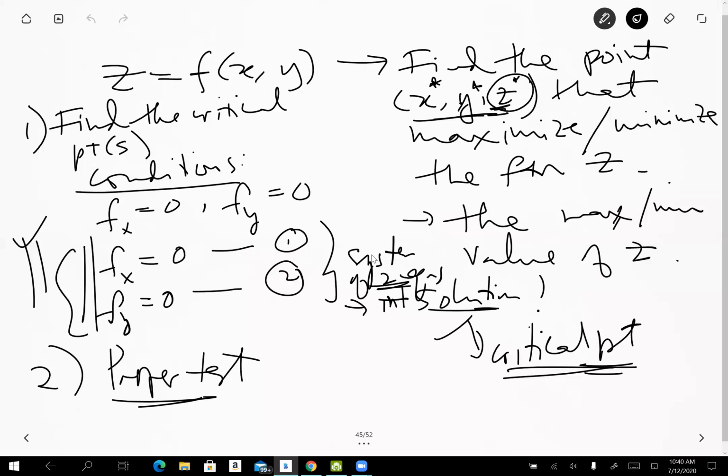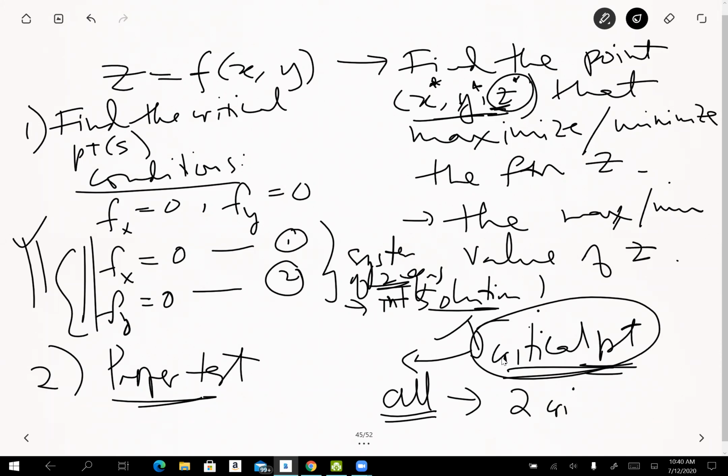You find the solution, you get the critical point. Sometimes you may have more than one critical point, so you need to find all critical points, because sometimes you can have two, or sometimes three.